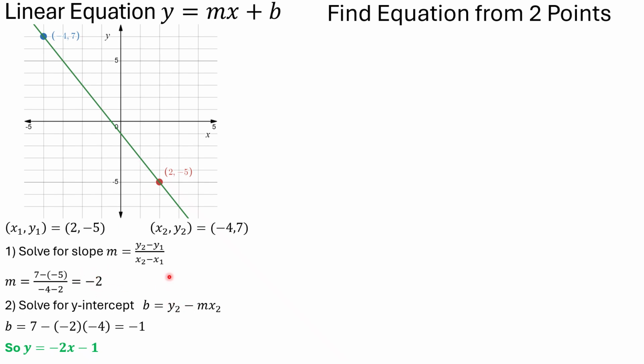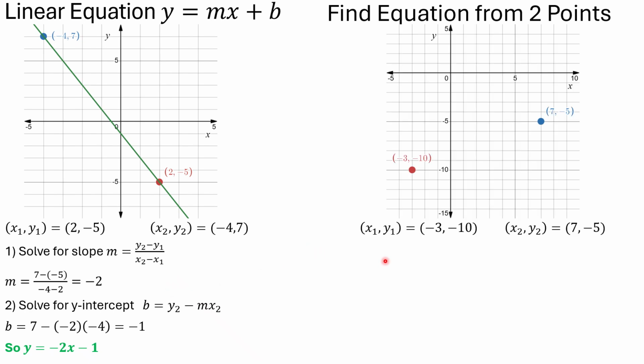Let's take a look at another example problem. Here we have a point -3, -10, and a second point 7 and -5. So click pause real quick and see if you can solve for the line that has these 2 points using the same method. All right. So the process is solving for the slope first.